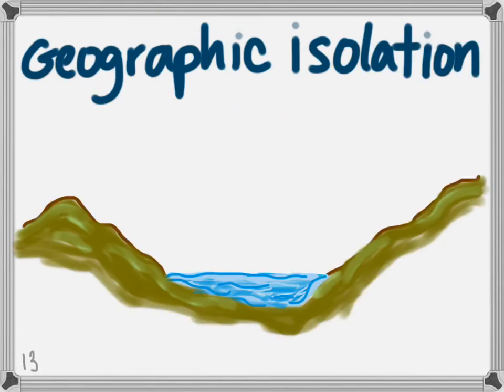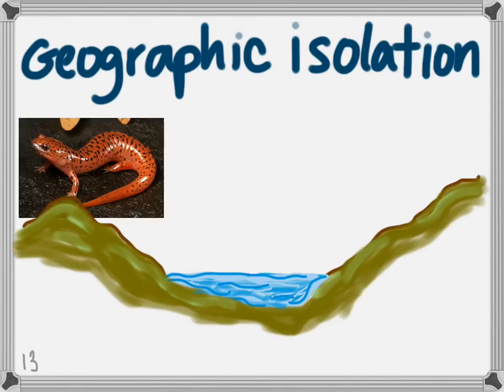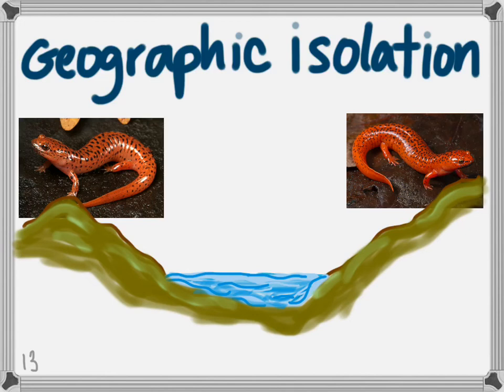When the isolation is geographic, Group A and Group B have some barrier, a mountain range, a lake, or some other physical feature that prevents the members of the two groups from reaching one another. They might mate if they were put together, but they just can't get to one another.